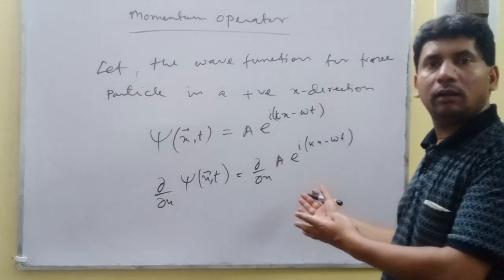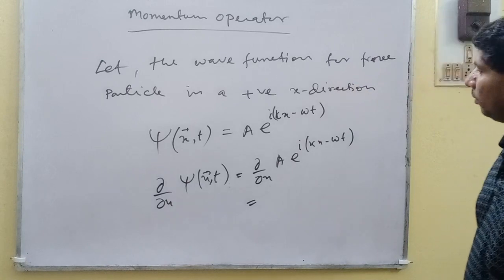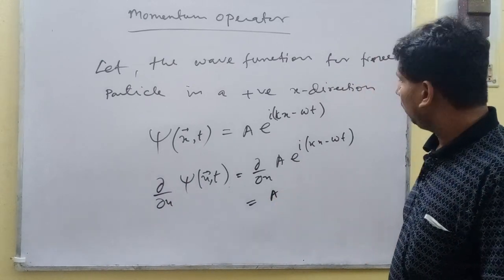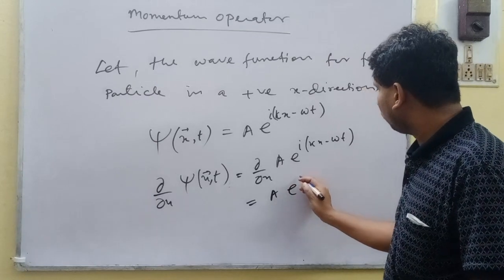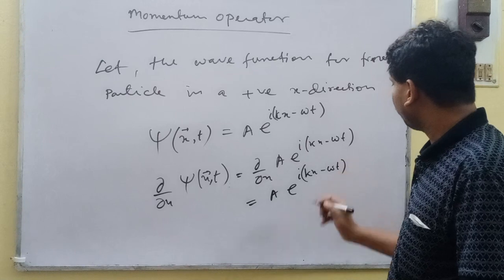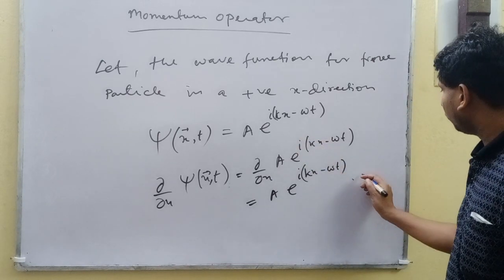Then what happens here? This is actually A, then e to the power i (k x minus omega t) into i k.